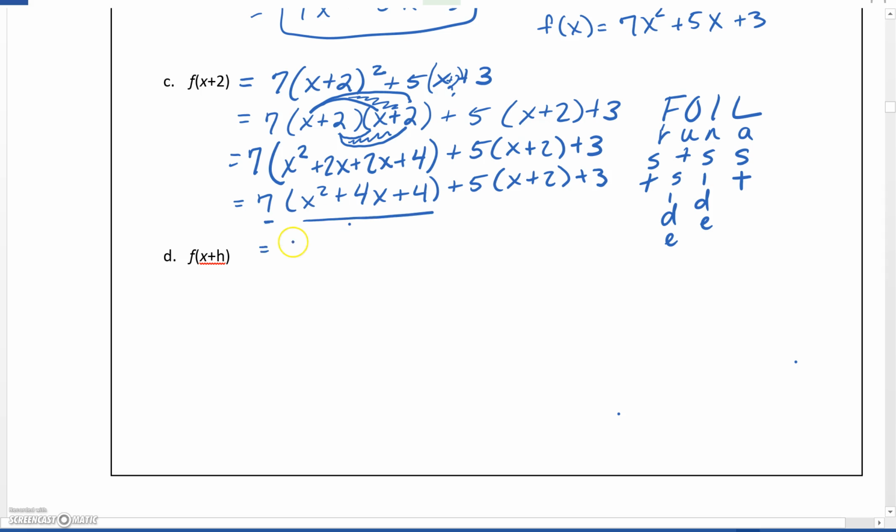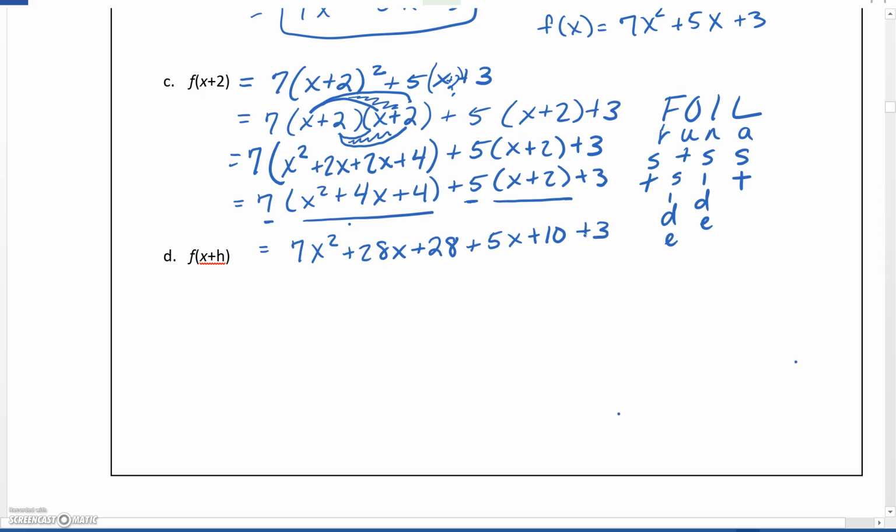So it'll be 7 times x squared, 7x squared, 7 times the 4x, so plus 28x, and the 7 times 4, so plus 28. Now I need to distribute this 5 to the two terms inside the parentheses, so plus 5x plus 10, and then we've got this plus 3.